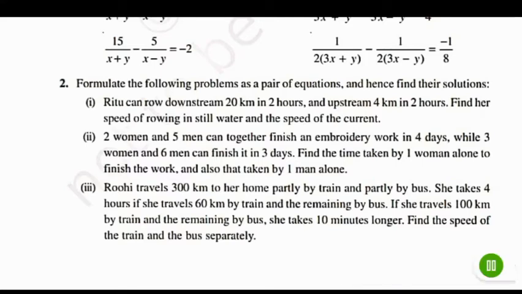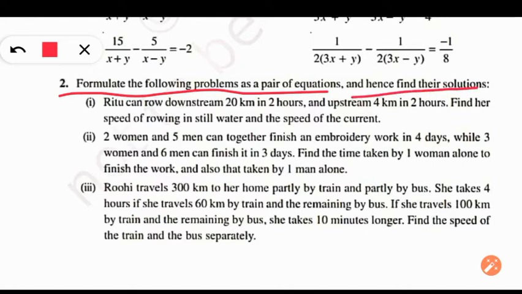In question number 2, what we are required to do, first we are required to frame the pair of linear equation and then find their solution. That means by any algebraic method we need to solve that. So from question number 2, I am going to solve sub part 2 and sub part 3. So let's do.